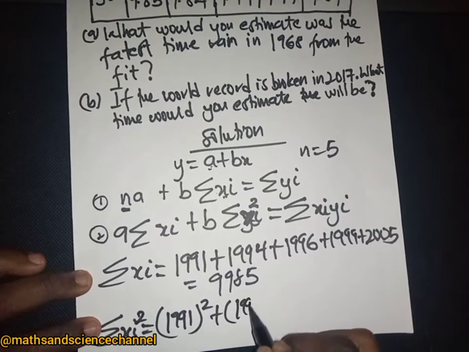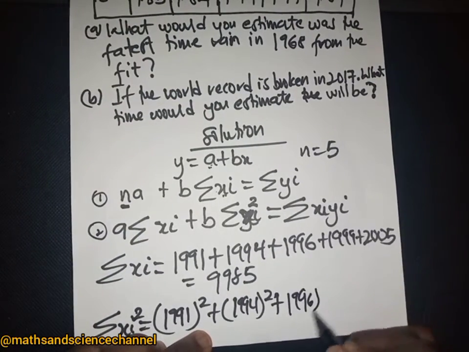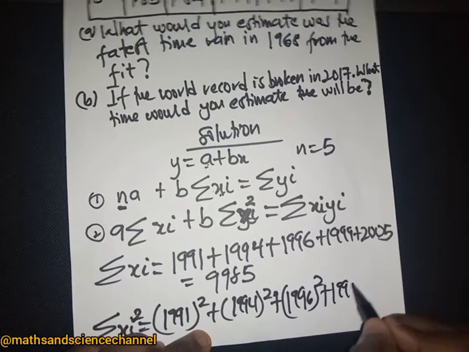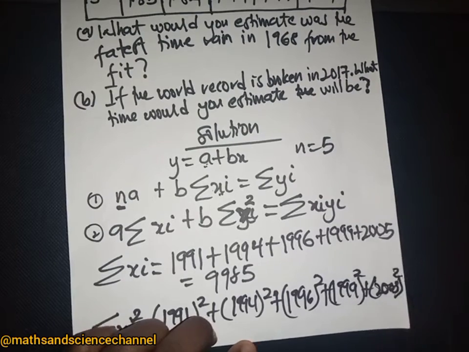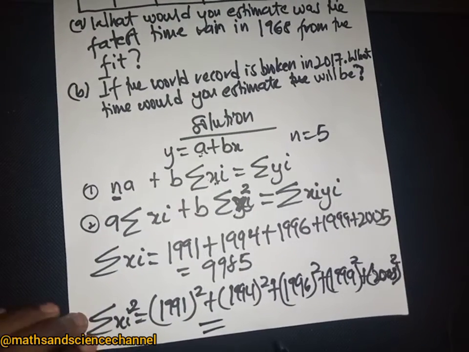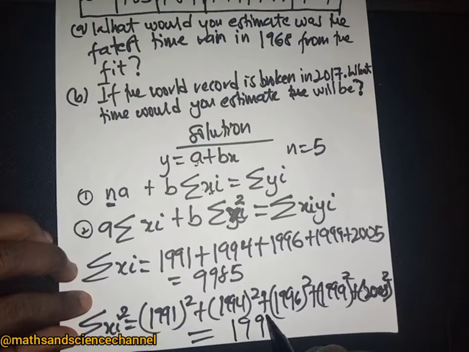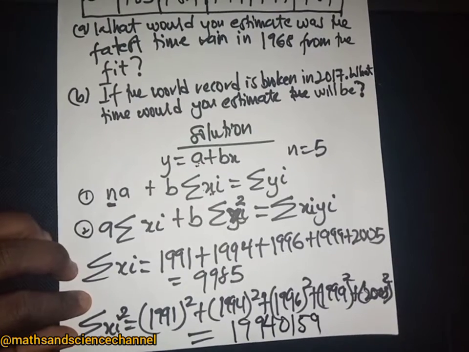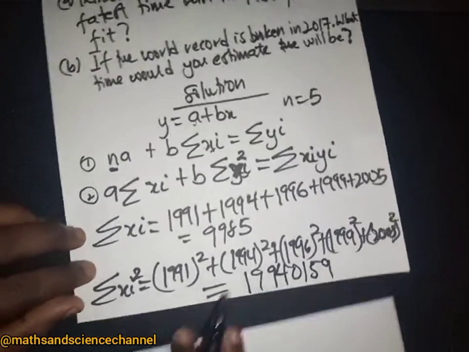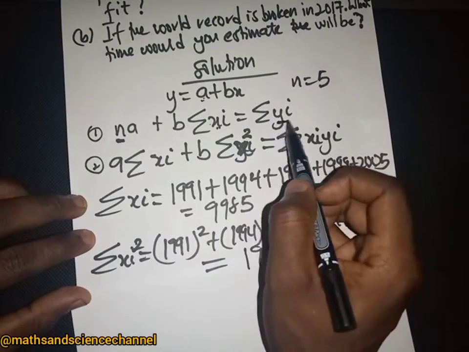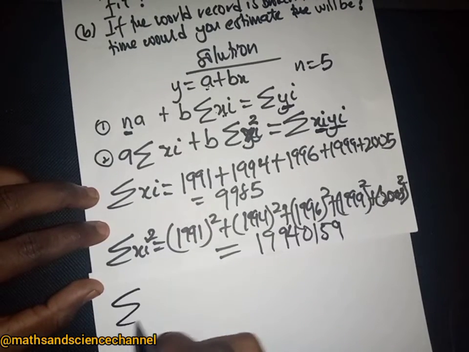So we are going to square each of the years and then sum them up. So we have 1994, we square it, plus 1996, we square it, 1999, we square it, and then also we have 2005 here, we square it. When we square all of these, the value we get is 19941559. So that will be the value we get for the x squared. Now we also need the y values.